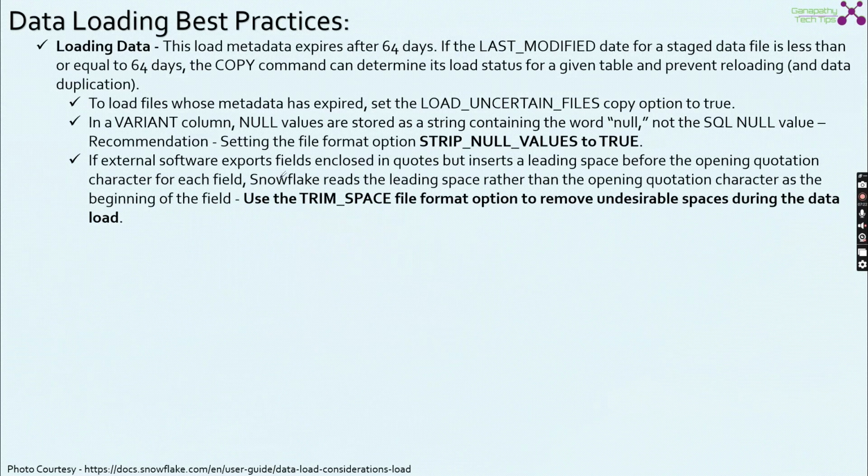If external software exports the fields enclosed in quotes but inserts leading spaces before the opening quotation character for each field, Snowflake reads that leading space rather than the opening quotation character as the beginning of the field. How can I overcome this problem? You can utilize the trim space file format option to remove undesirable spaces during the data load.